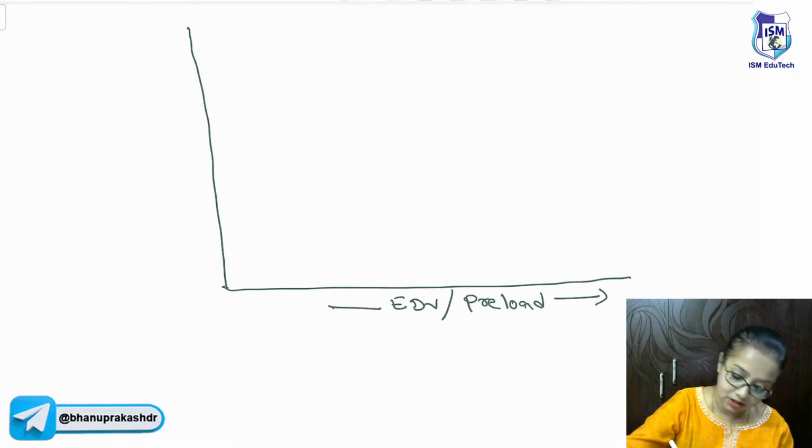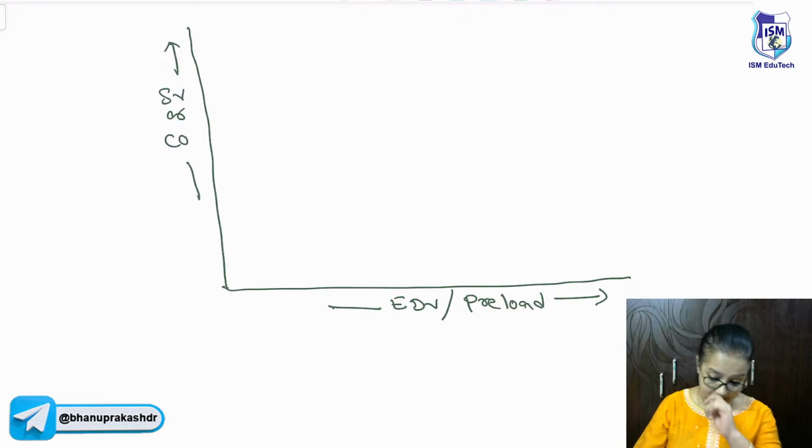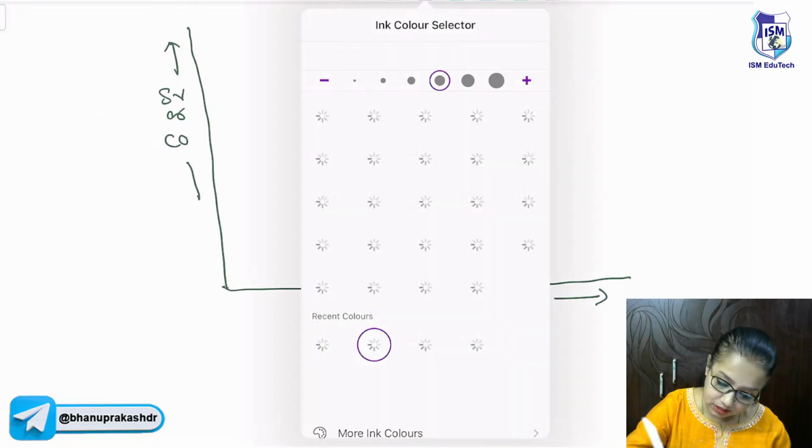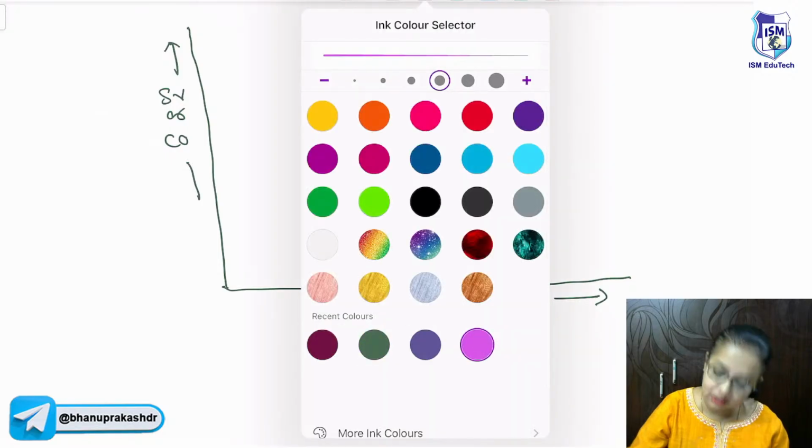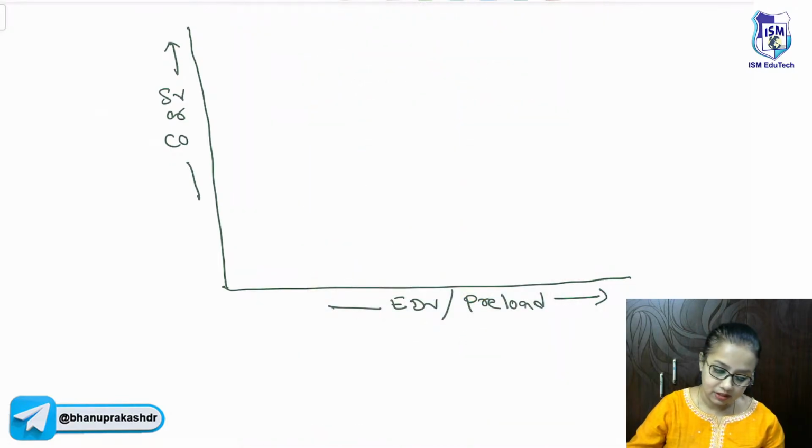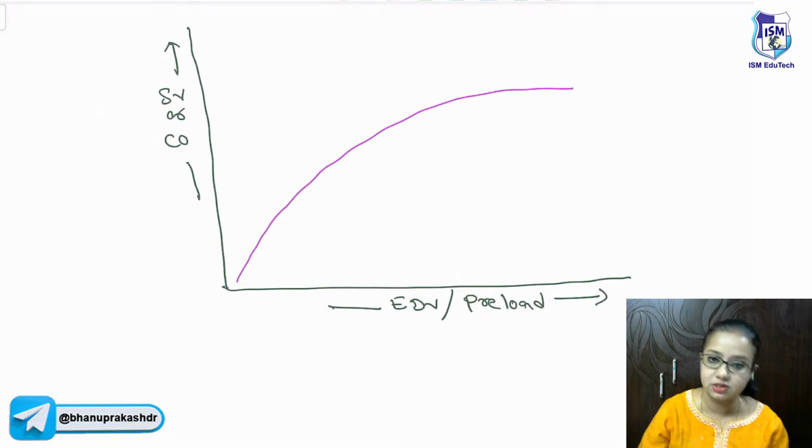And on the y-axis, we have the stroke volume or the cardiac output. So, under normal physiological condition, the Starling curve looks something like this.